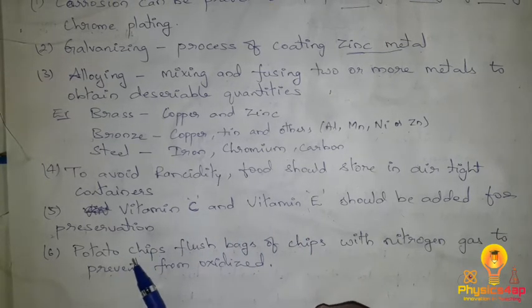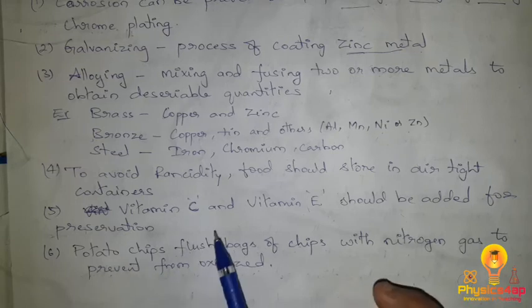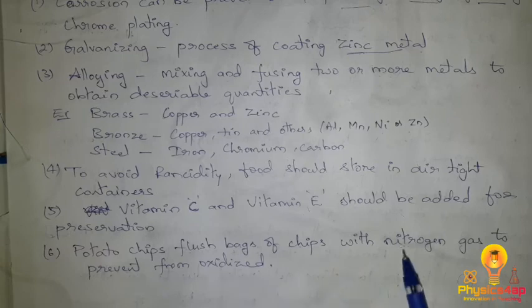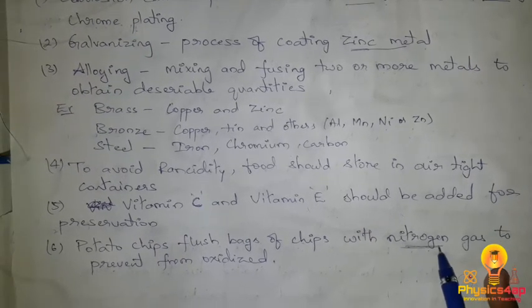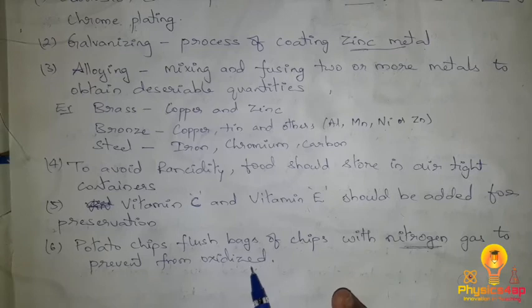You might have seen potato chips that last for 3 months, 5 months or even 1 year. That is due to the nitrogen gas present inside the packet. The nitrogen gas prevents oxidation, so the chips don't get oxidized by the oxygen.